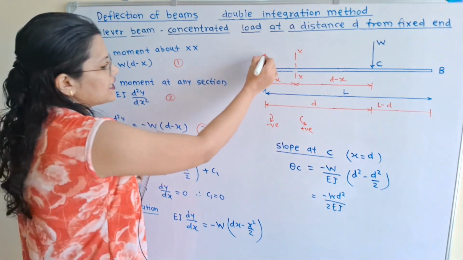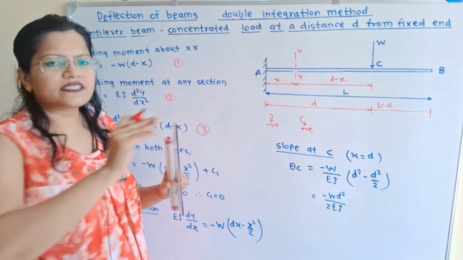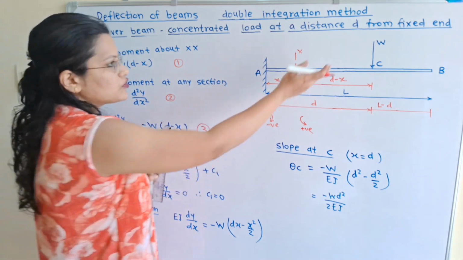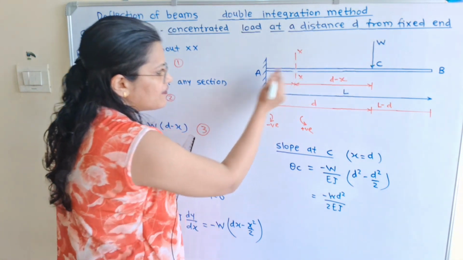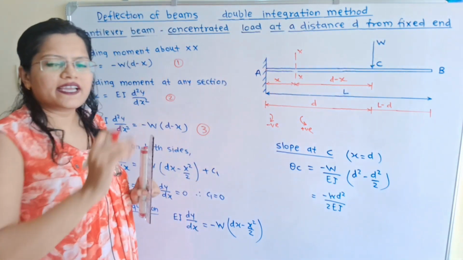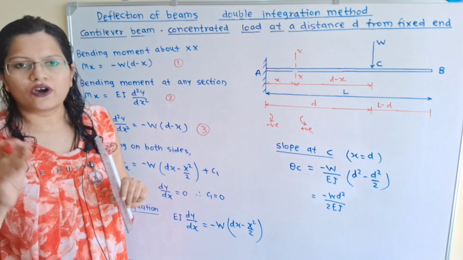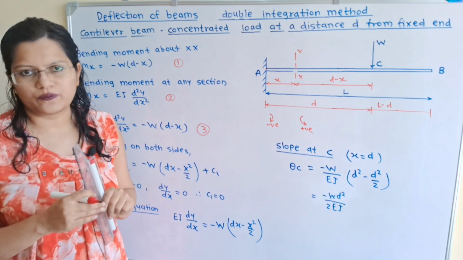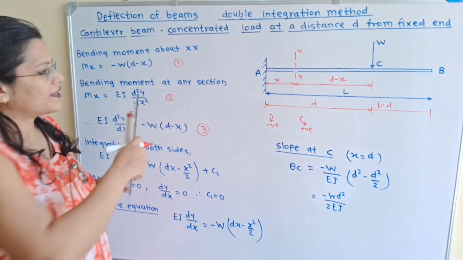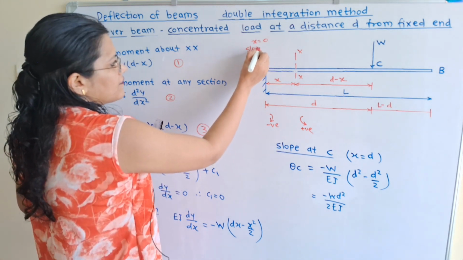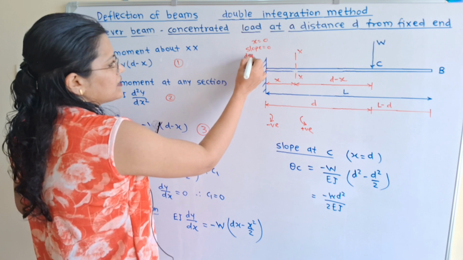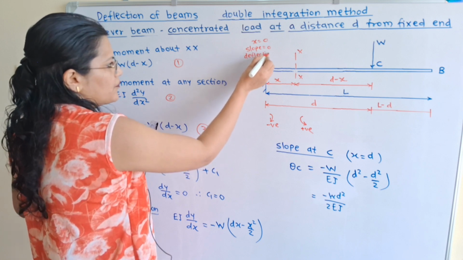Now at the fixed end A, the value of x is equal to 0, and because of the point load, if this beam is getting deflected, then at this point A, deflection and slope are equal to 0. So at point A, x is equal to 0, slope is equal to 0, and deflection is also equal to 0.